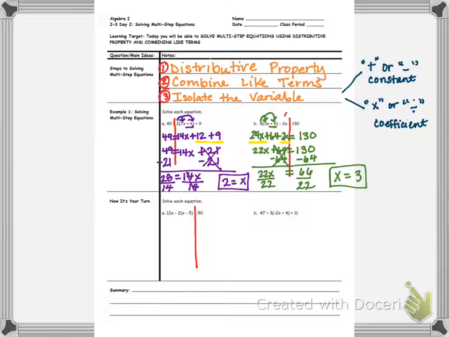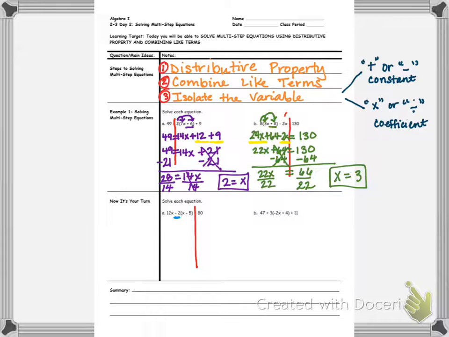First we're going to distribute. And this is very interesting, because it's a bit different: we're not starting off with the distributive property in the front. We have it right here. It is negative 2. The sign directly in front of the 2 goes with the 2.